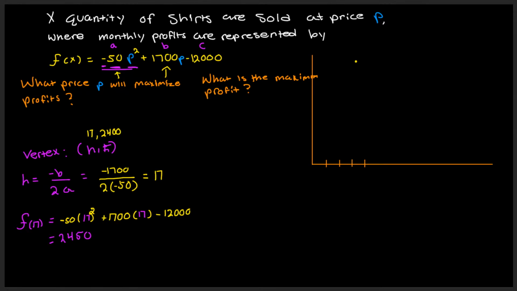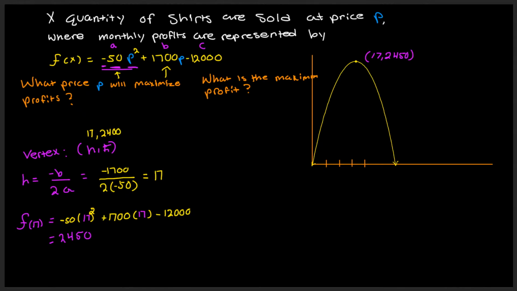So let's go ahead and just kind of draw a parabola on there to represent what's going on. Now you can kind of get an idea of what we're actually doing. We are trying to find this point here. And our H and K values plugged in give us 17 and 2,450.